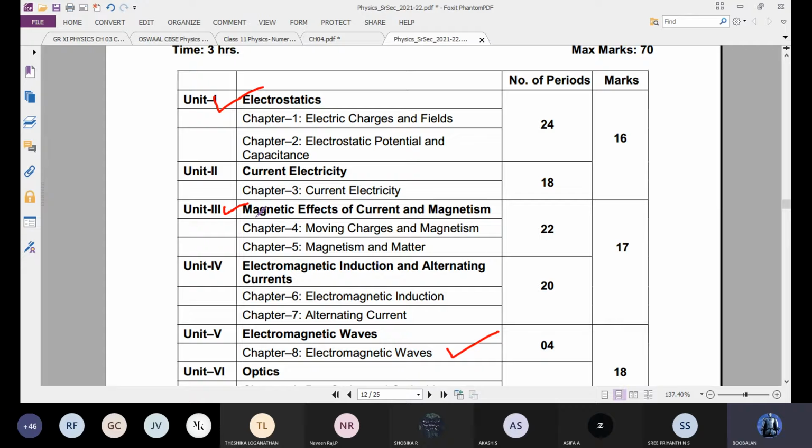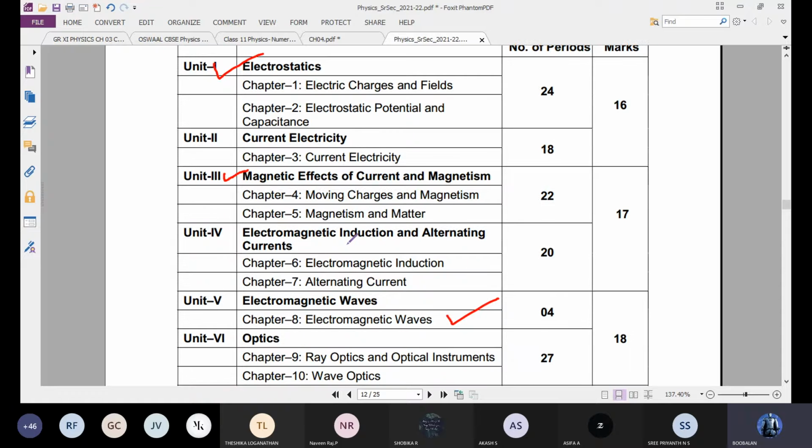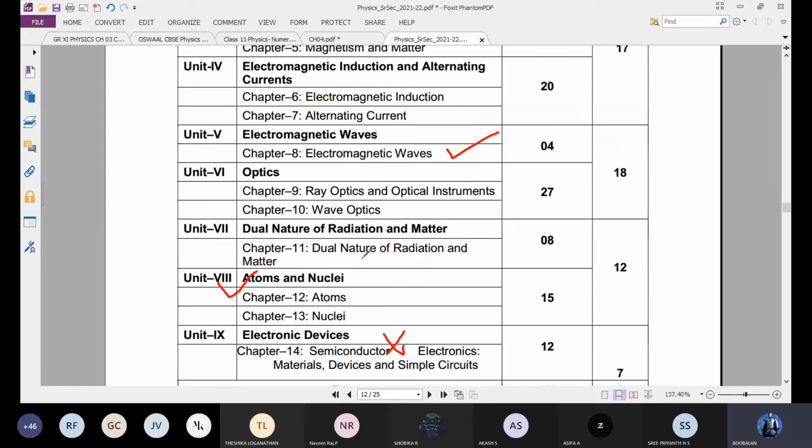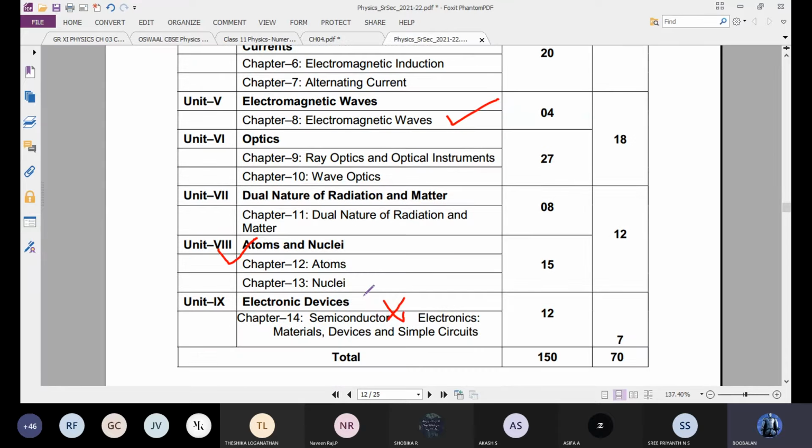Unit number 3, that is magnetism, moving charges and magnetism and matter. So next electromagnetic wave, atom, nuclei, semiconductor. So like that they divide 50-50 for all the branches. Okay, we'll wait and see.